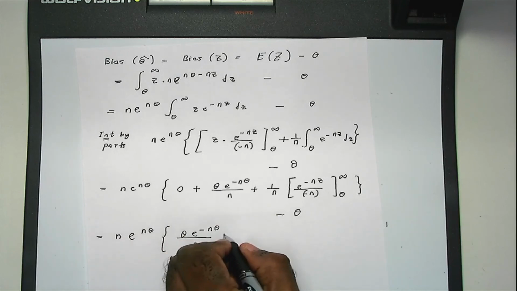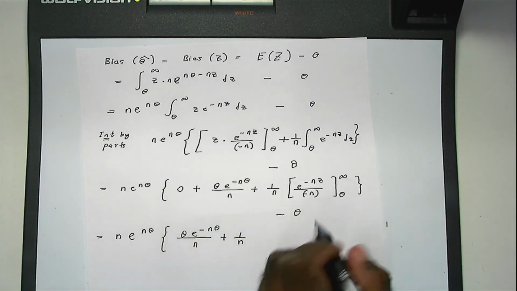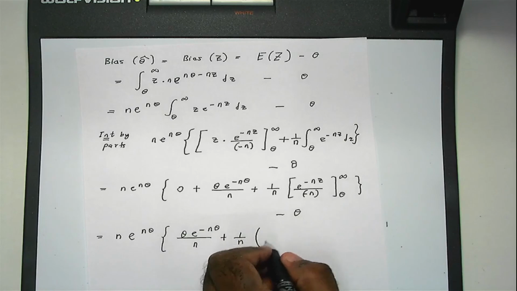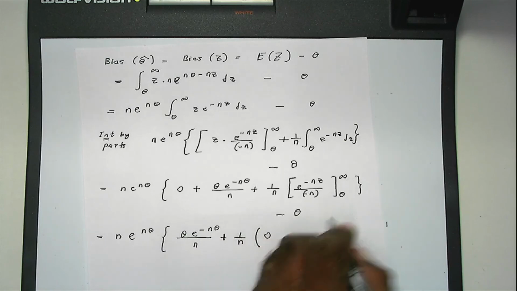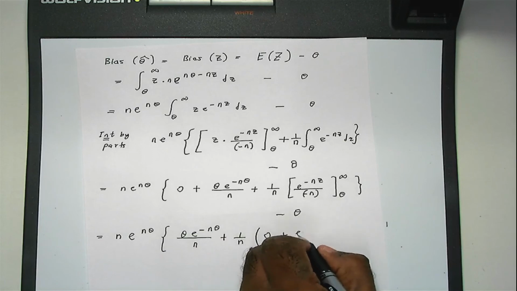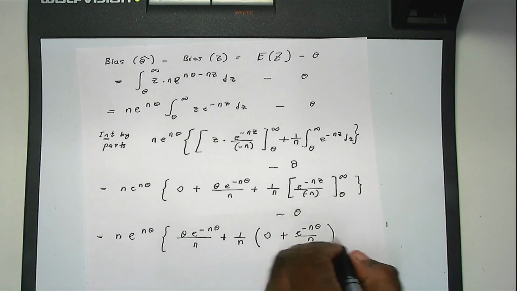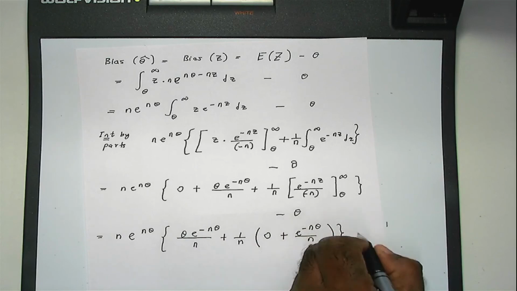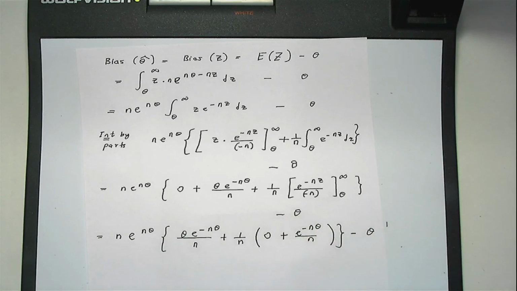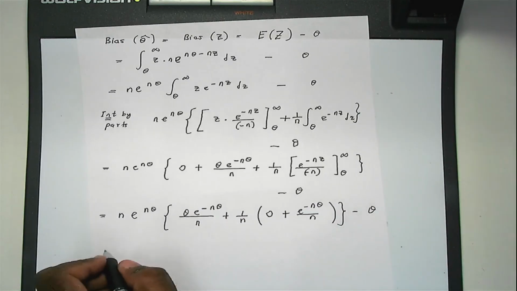Right, now the limit at infinity is 0. The limit at theta gives you this. Okay, minus theta. Right, now let's simplify a little bit.